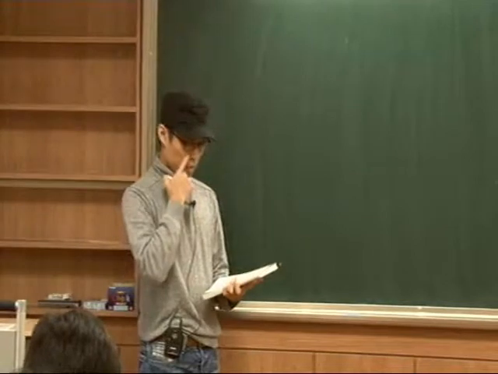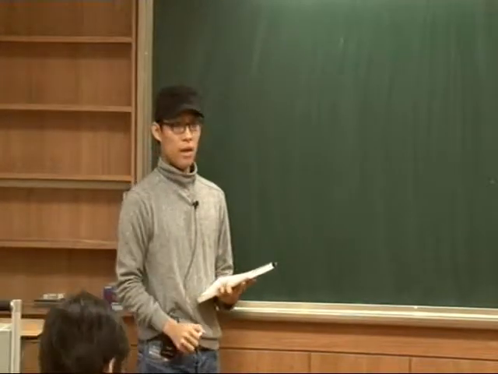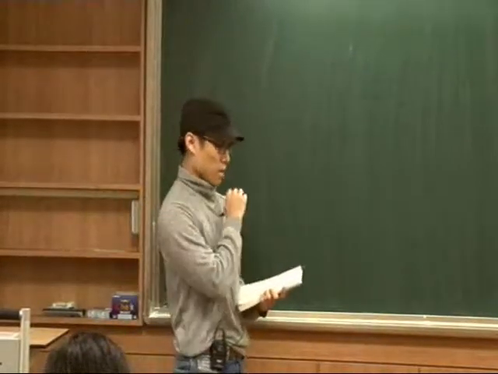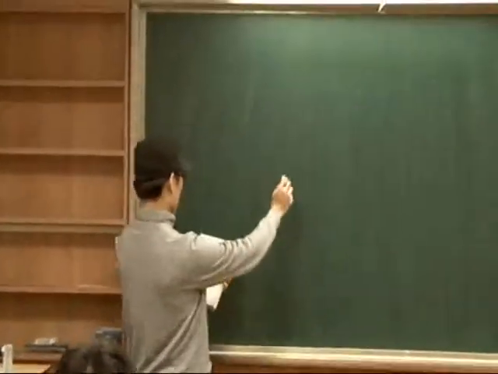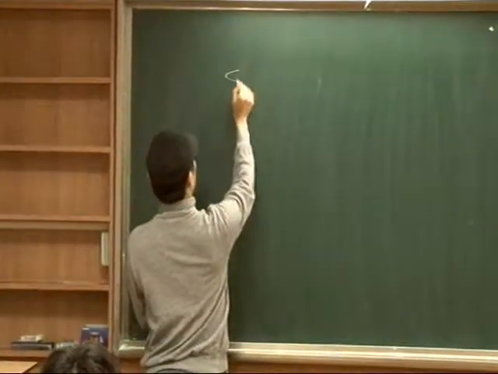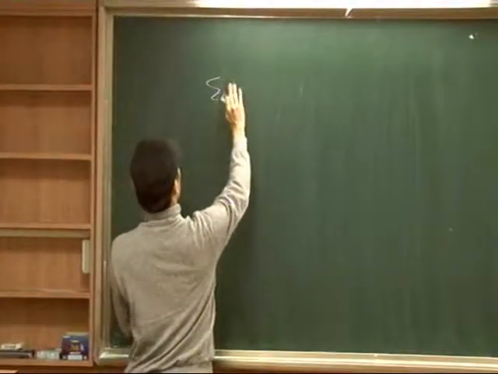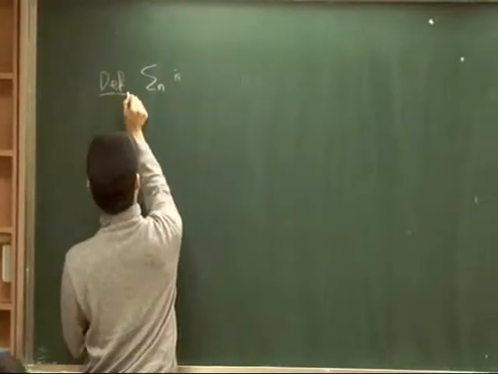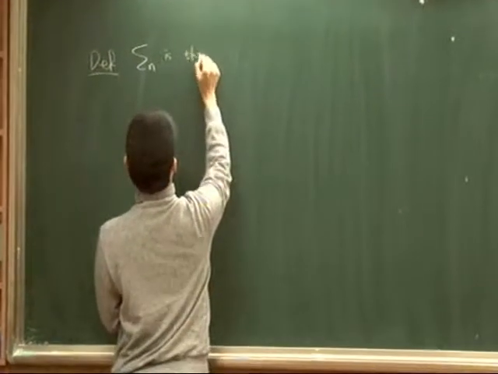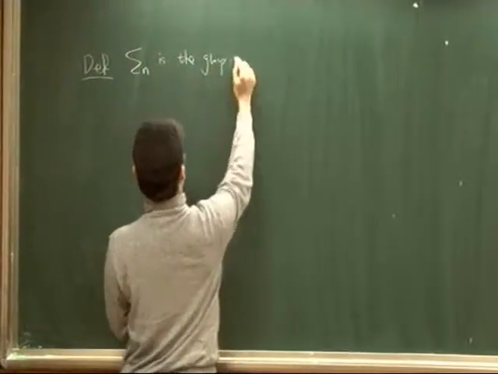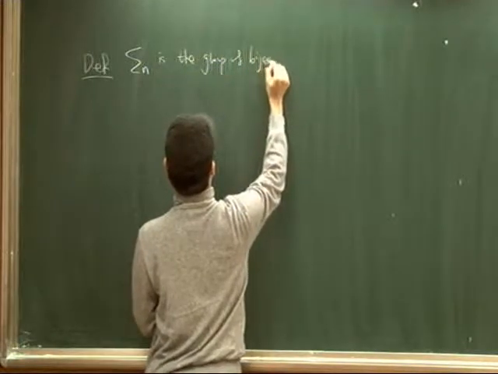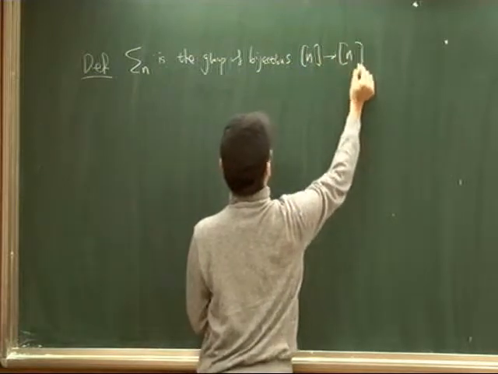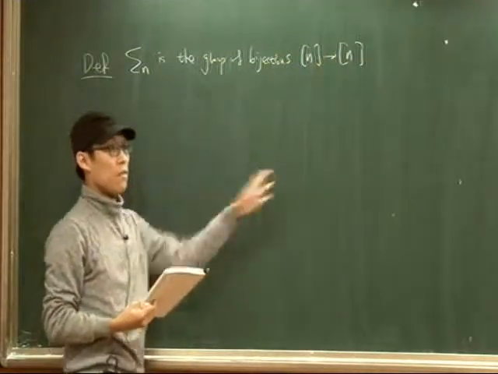I'll talk mostly about permutations and affine permutations and related objects. Let's start with recalling what a permutation is. The symmetric group is the group of bijections from a finite set to itself.